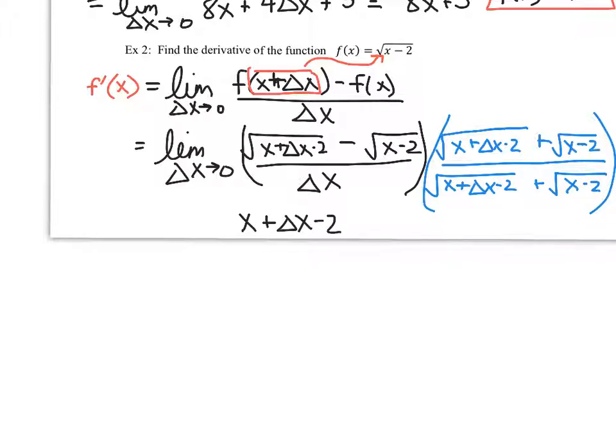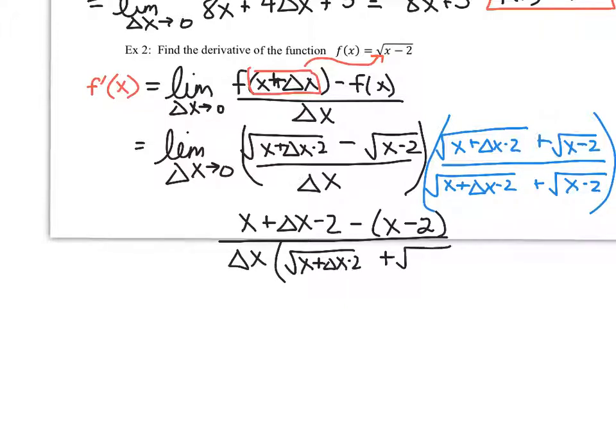Outers and inners would cancel, so then I go ahead and multiply the last, but I have to subtract that product, so I'm going to say minus x minus 2 all over, and I'm not going to distribute the delta x. I'm going to say delta x is being multiplied by the square root of x plus delta x minus 2 plus the square root of x minus 2. Now this limit I'm just going to arrow down so that it's going to be at the bottom when I'm ready to take the limit.